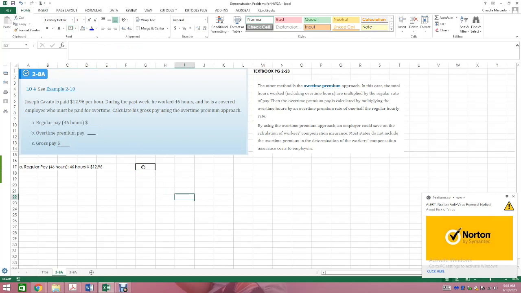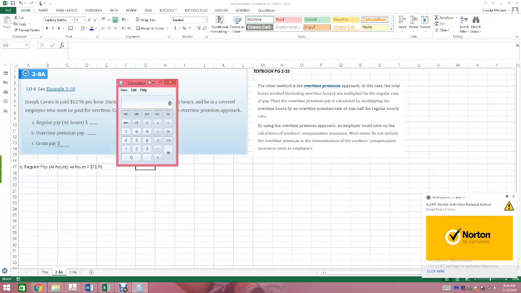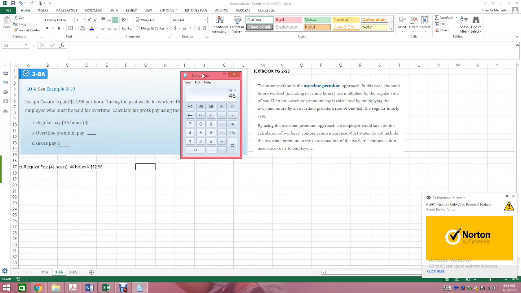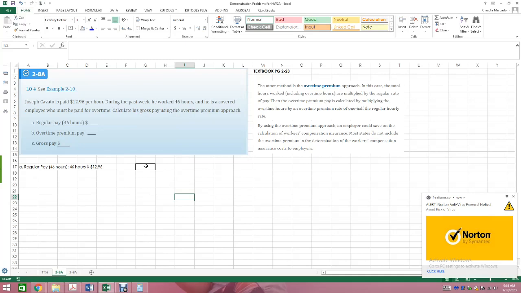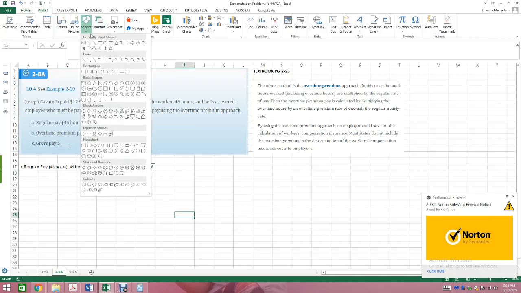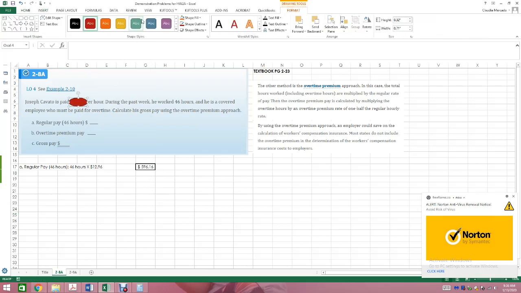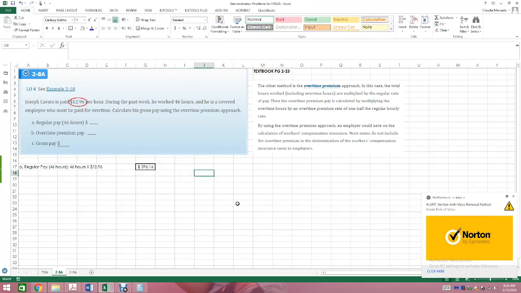Okay, so I'm going to get my calculator. So it'll be 46 hours times 12.96. That'll be 596.16. Okay. I'm sorry, wrong box. That is my regular pay. You multiply the total hours times your rate. Okay. And this is my rate right here. Okay, $12.96.